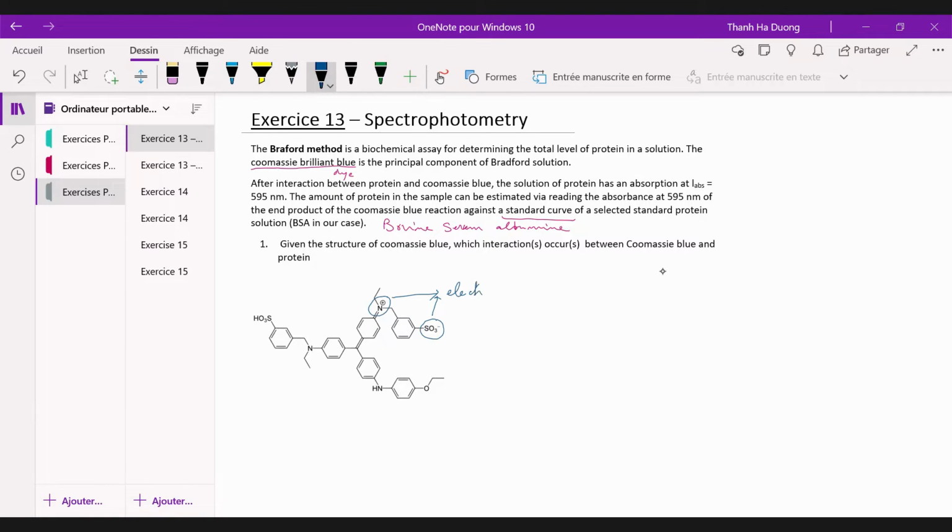Electrostatic interaction, right? What kind of interaction can you have also?